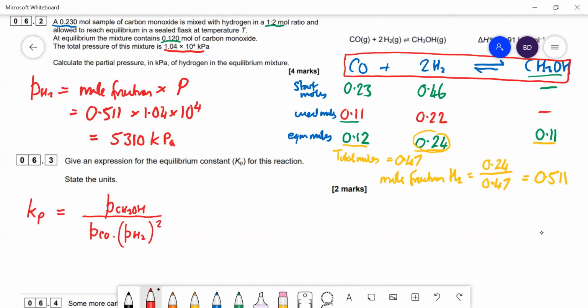State the units. Well, on the top, we've got a partial pressure, so we're going to have kilopascals on the top. On the bottom, kilopascals multiplied by kilopascals squared. So they cancel out. So we've got 1 over kilopascals squared. So getting onto the top line, it's kPa to the minus 2. That's the unit.